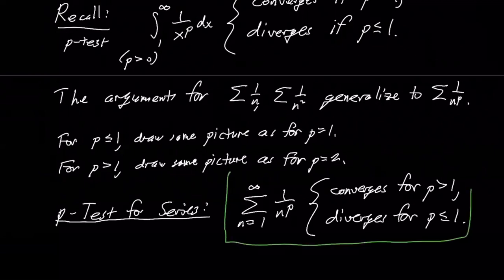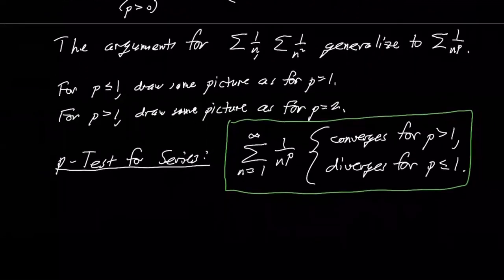Again, I want to mention the subtlety that in all these cases, if p is greater than 0, the limit as n goes to infinity of 1 over n to the p is 0. That limit is 0, but that doesn't always mean that the series converges.